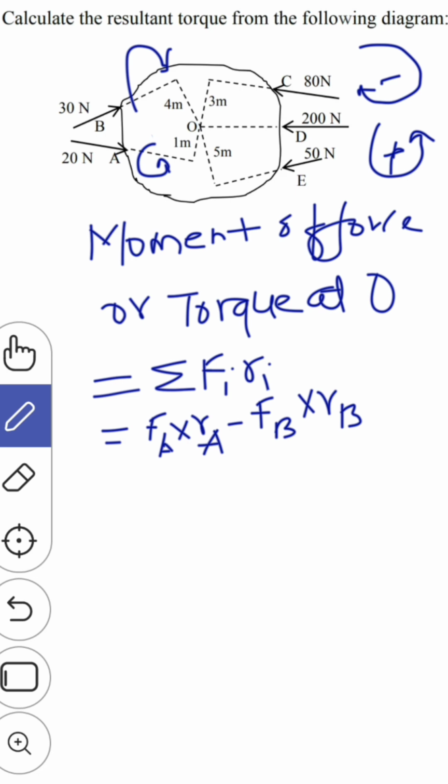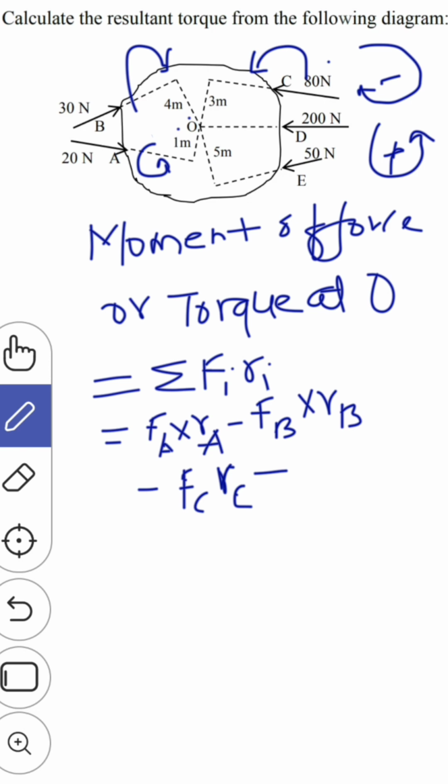Third, see this force, again this will have the anti-clockwise rotation. So I will write FC RC. Now D. What is happening here? I have already explained the concept before starting the solution of this question: the line of action of this force is passing through the axis of rotation.